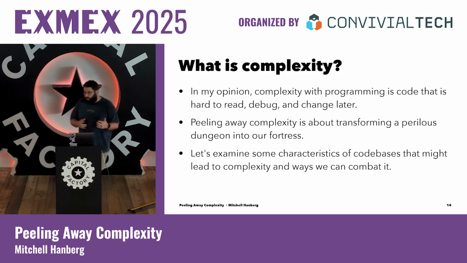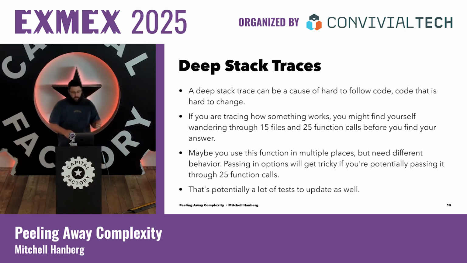So let's examine some characteristics of code bases that might lead to complexity and ways we can combat it. Deep stack traces. A deep stack trace can be a cause of code that is hard to follow and hard to change. If you're changing how something works, you might find yourself wandering through 15 files and 25 function calls before you find your answer.